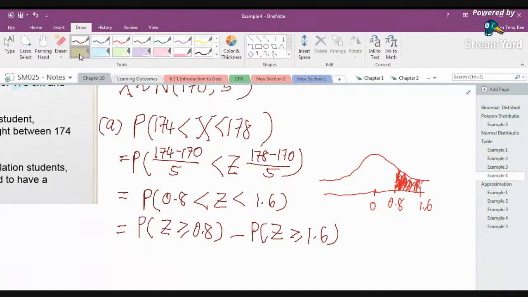So z greater equals to 0.8 refers to the part that I highlighted in yellow now, starting from 0.8 until infinity. But you don't want all of the yellow, you only want the shaded red. So the extra part is the part that I now highlight in purple. So I use yellow minus the extra purple part. That will be the region in red that we want.